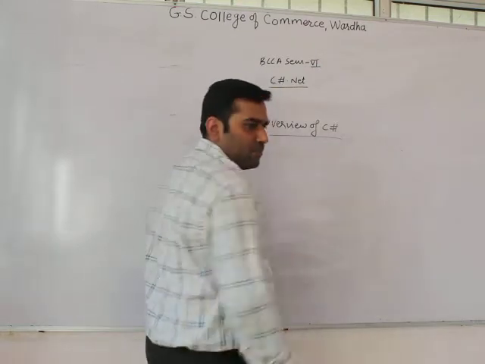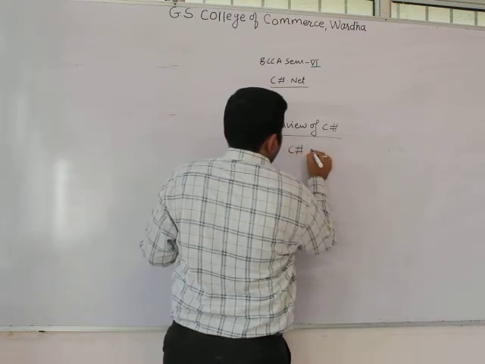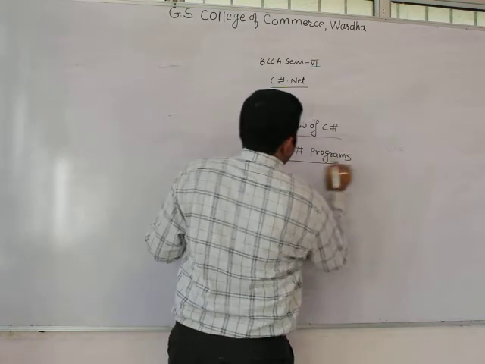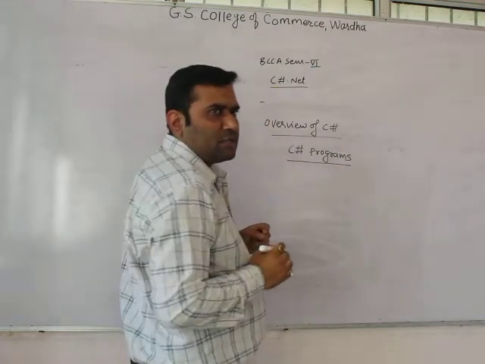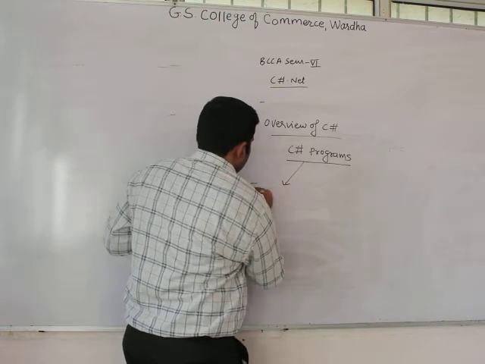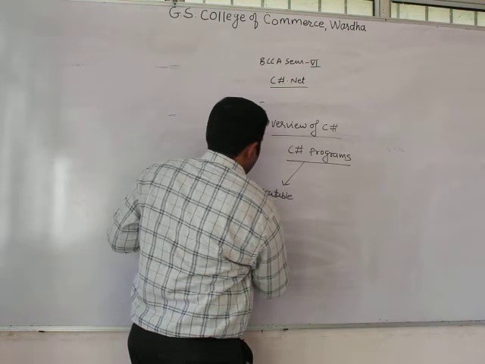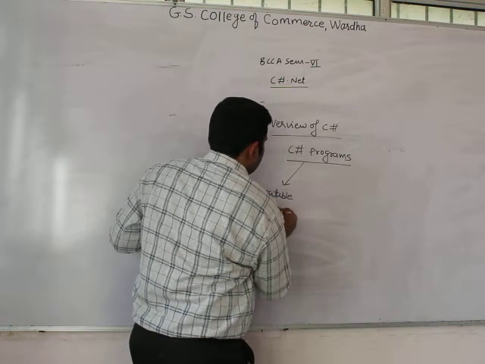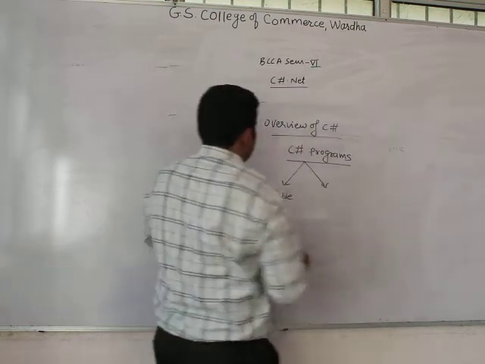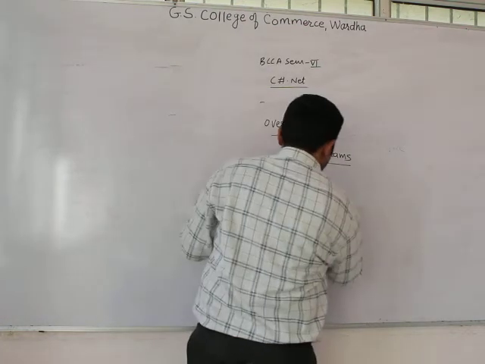In a C Sharp program, there are two types of programs. First is the executable program and second is the library program.